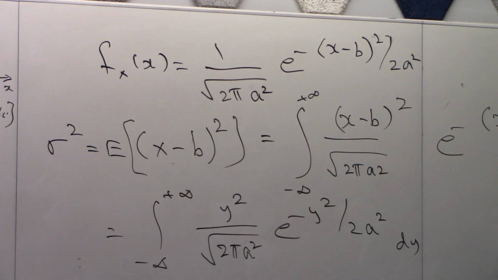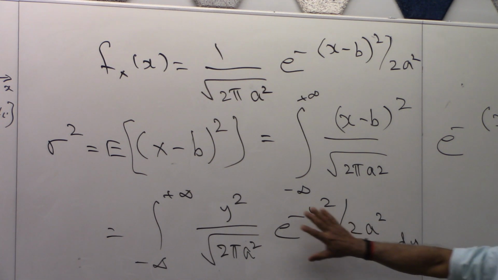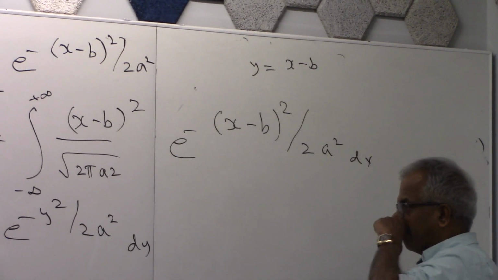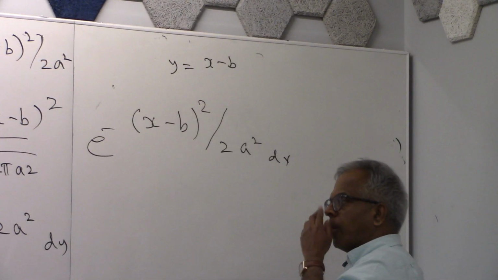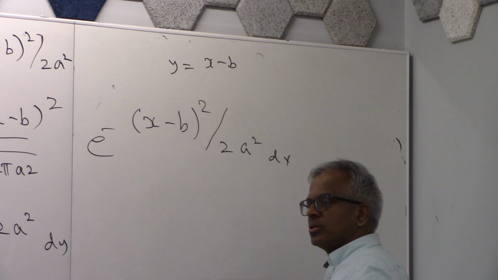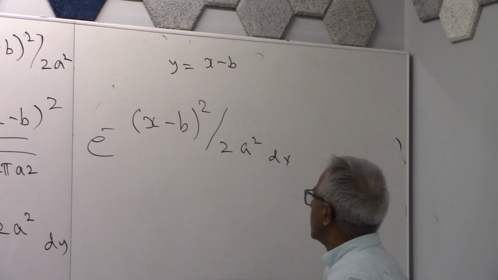Look here, the first observation is that the mean has nothing to do with the variance. Look at that in the formula. So we just need to compute this quantity because dx is dy, right? Now there are multiple ways to do this. Let me show you one way.